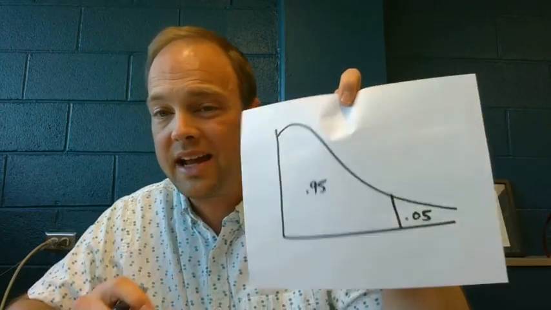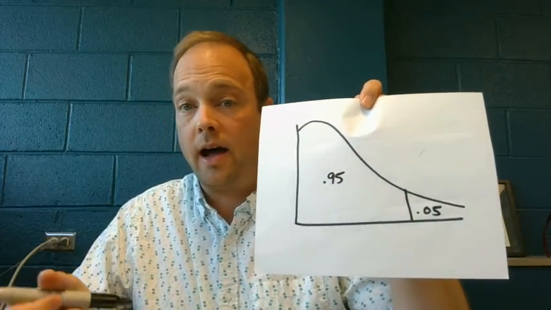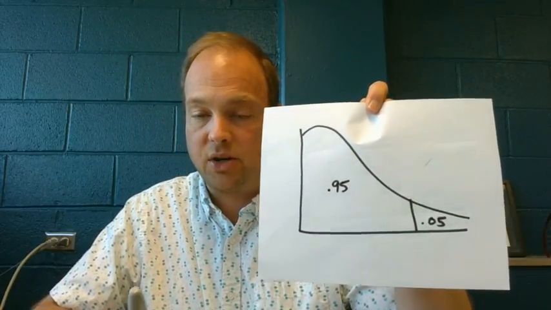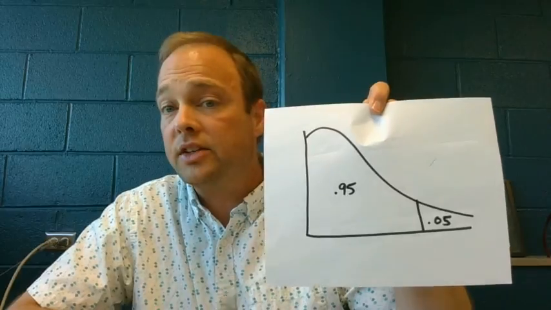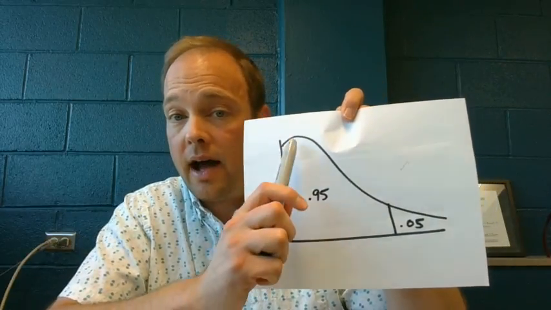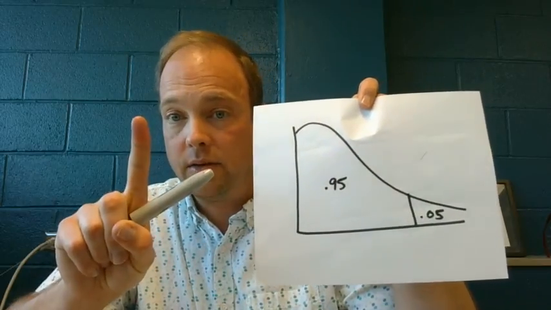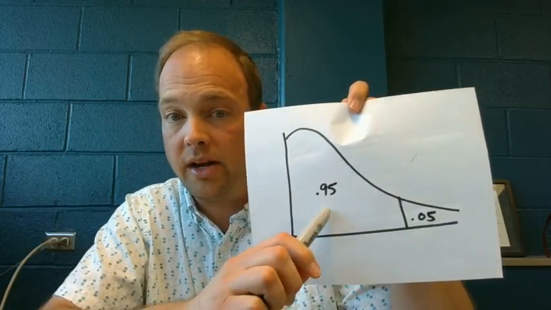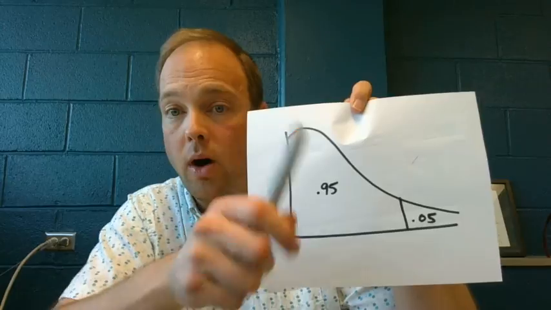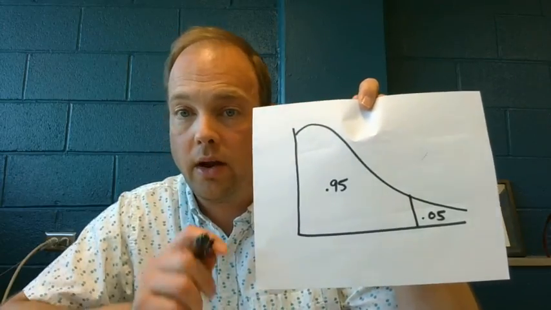So despite this kind of funky shape, relative to the t-distribution or relative to the normal curve, the entirety of the probability distribution is 1, or 100%. 0.95 plus 0.05 is 1. All of it, the whole thing, 100%.